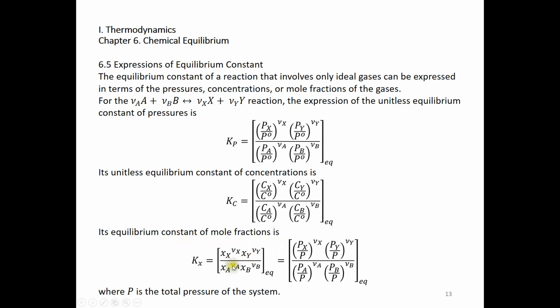Let's say we have these four gases in the reaction system, and then we have mole fractions of X, Y, A, and B. The sum should be 1. Now, how do we compute the mole fraction of X? Well, it's pretty simple.